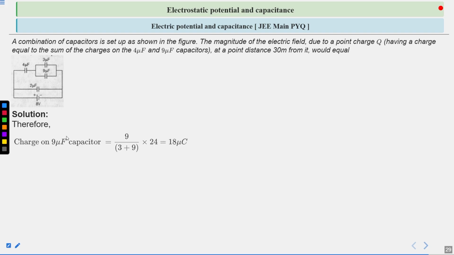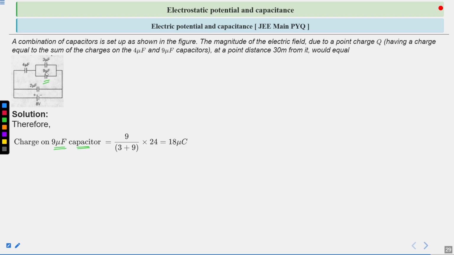Therefore, to find the charge on the 9 microfarad capacitor, these are in direct ratio. We take the capacitance of this capacitor upon the net capacitance of the combination.